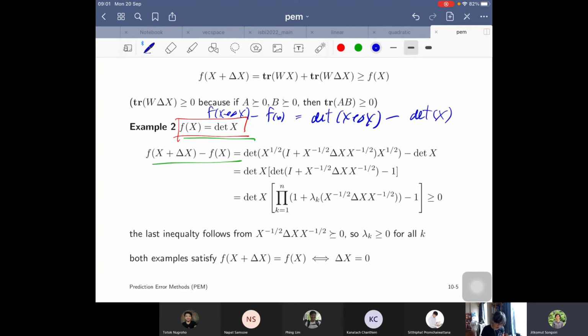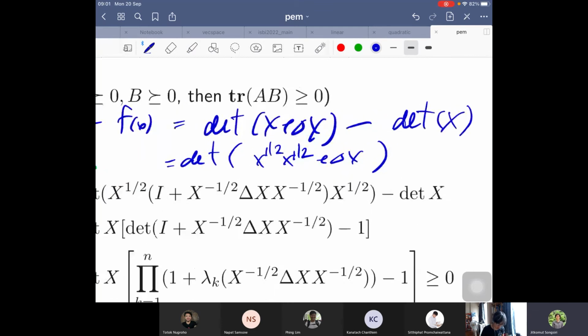Now I'm going to use the property that the matrix X here is positive semi-definite, right? So it has a square root. When it has a square root, I can write X as X^(1/2) times X^(1/2).